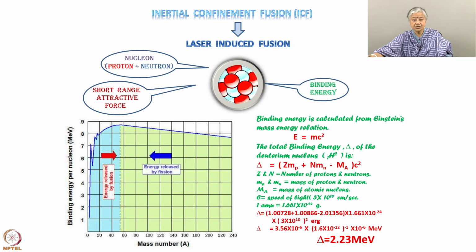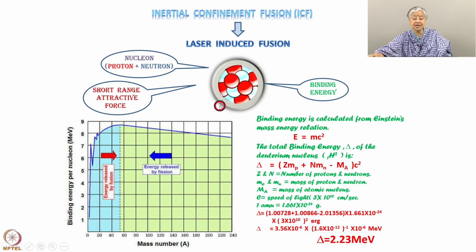Here, what I show is the nucleus consisting of protons and neutrons shown in different colors. Only the nucleus, I am not showing you the electrons which are revolving around the nucleus, because fusion energy will come only from the nucleus. It has nothing to do with the electrons outside.